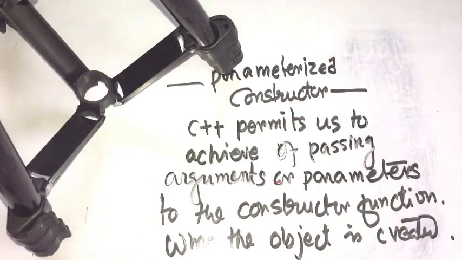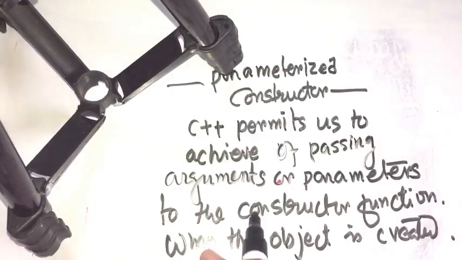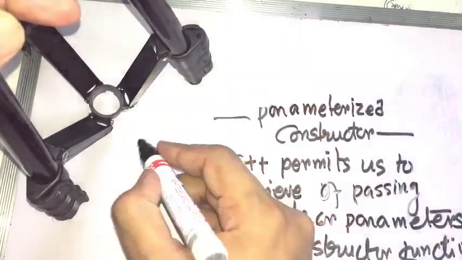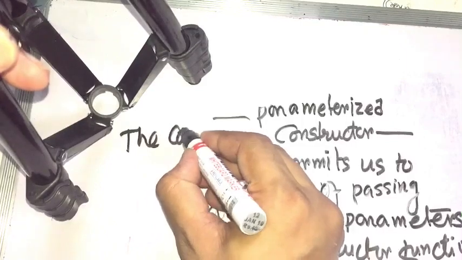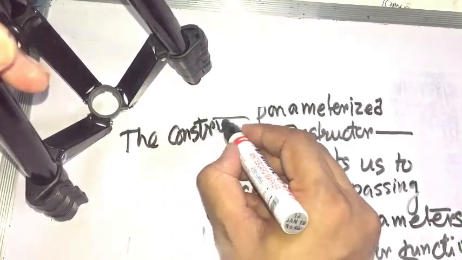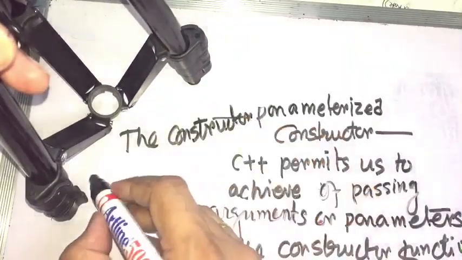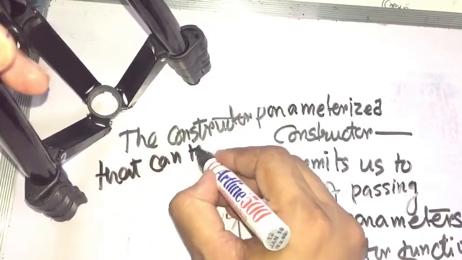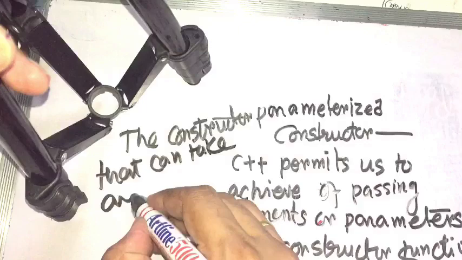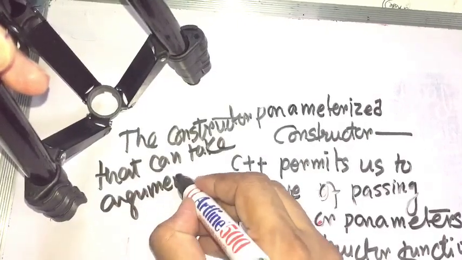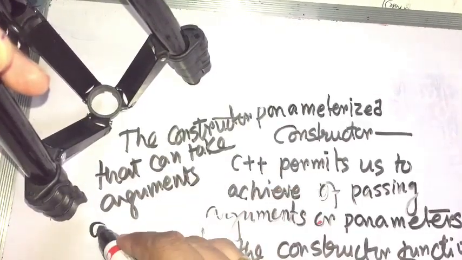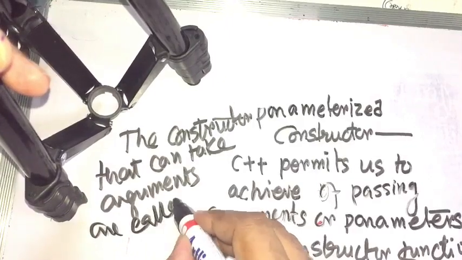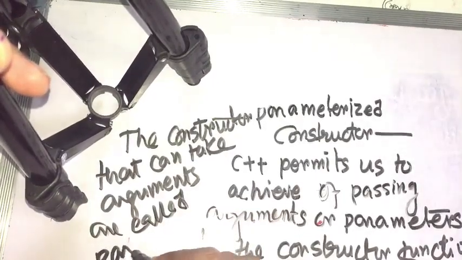The constructor that can take arguments is called a parameterized constructor.